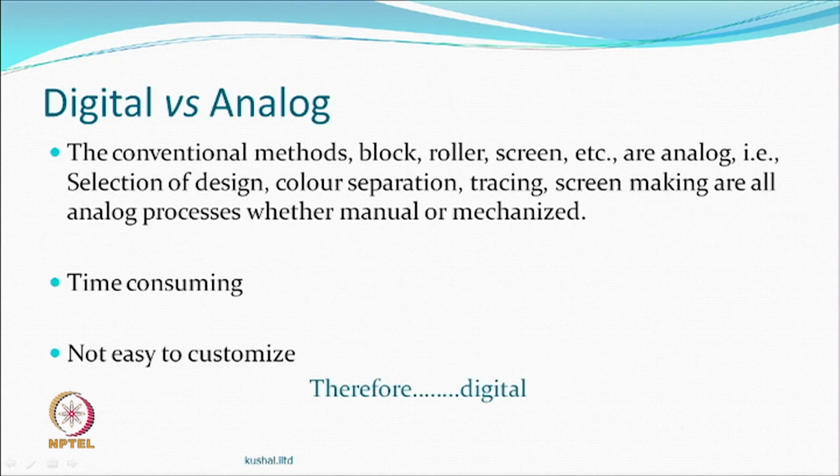So, we have a comparison, as they say in the electronic world, digital versus analog. For our purpose, the conventional printing method can be considered an analog method, where you do block making, roller making, screen making, and manual separation of colors. Then you make tracings, which are manual, and screens are made.